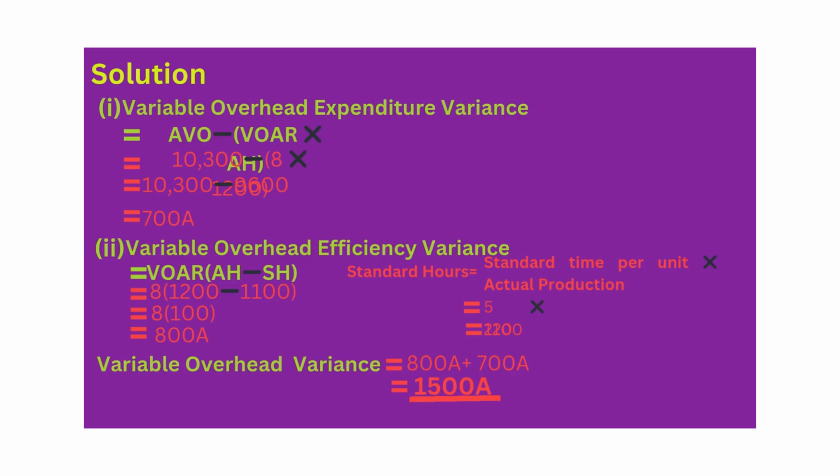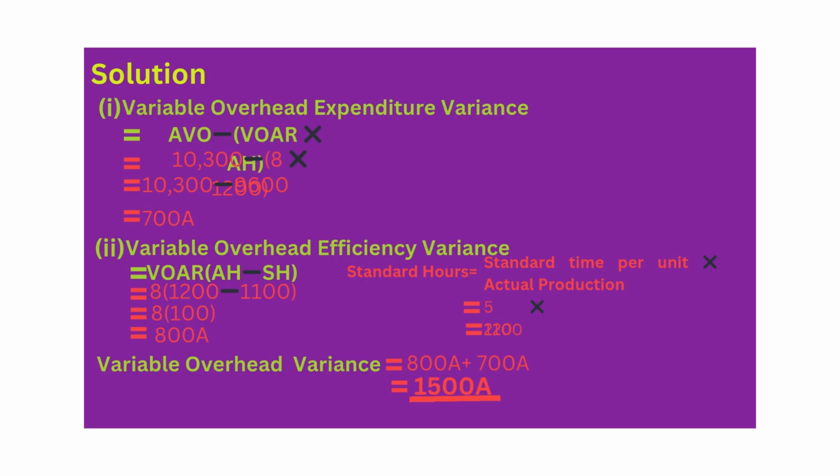Our second one is the variable overhead efficiency variance, which is given by variable overhead absorption rate into actual hours minus standard hours. Our variable overhead absorption rate is 8, so 8 into actual hours, we have 1,200 hours.